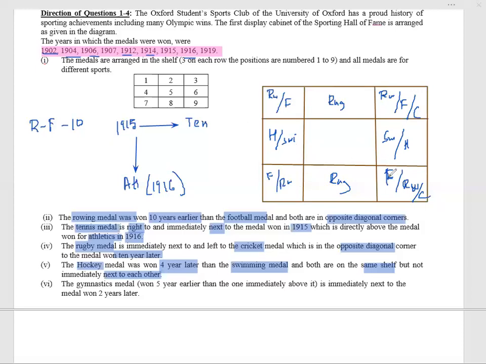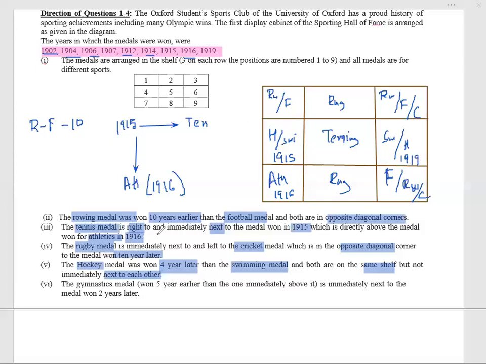So finally, tennis here, athletics here, which is 1916. This is one of the hockey and swimming, which is in 1915. There is no medal in 1911, so this one must be 1919.